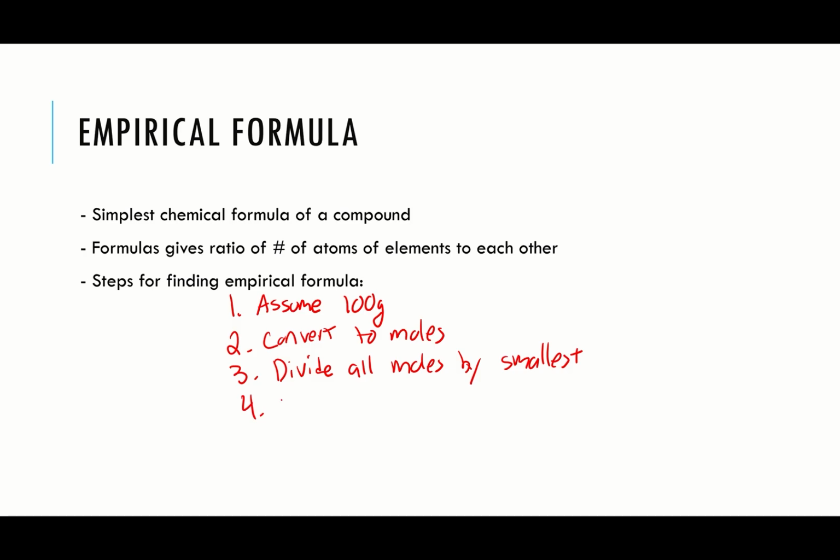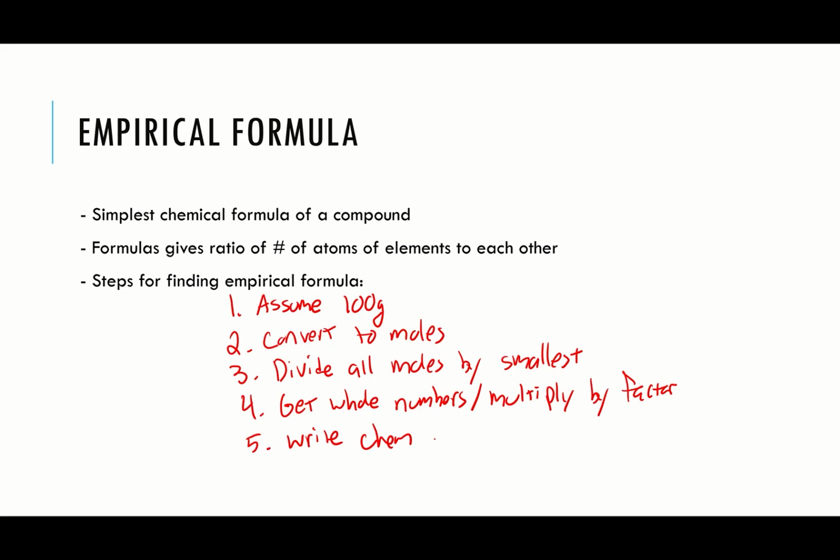So we'll have to multiply by some factor in order to turn them all into whole numbers. Those ratios are going to be the subscripts of the chemical formula, and so once we get them, we can write the chemical formula.